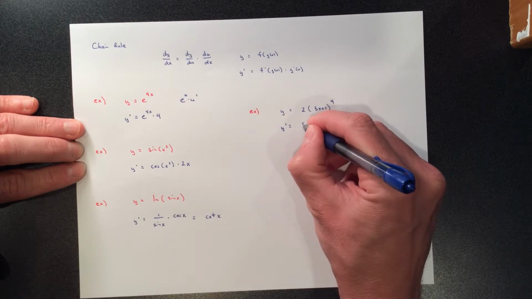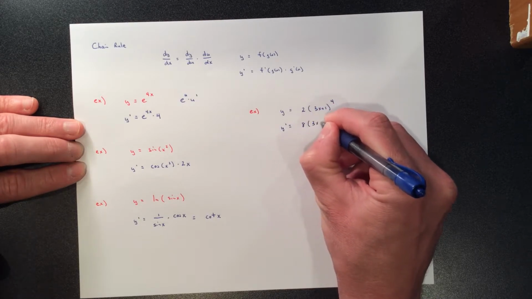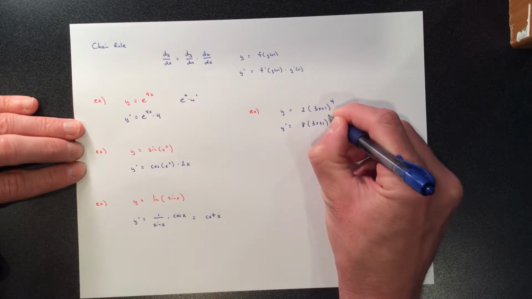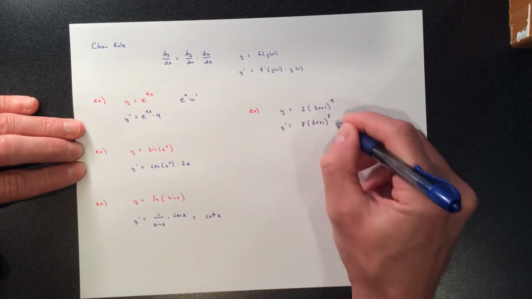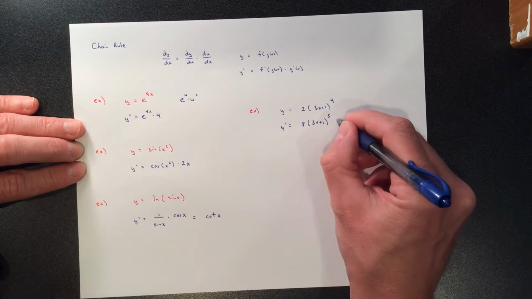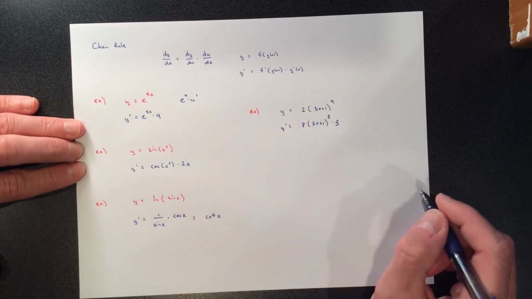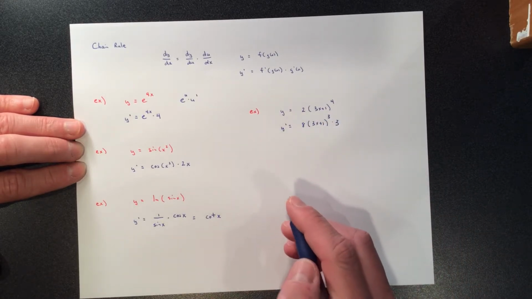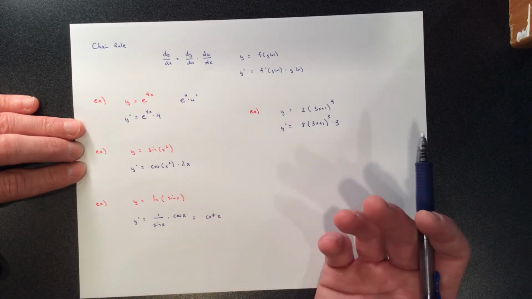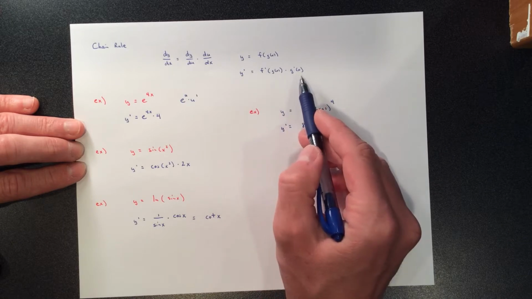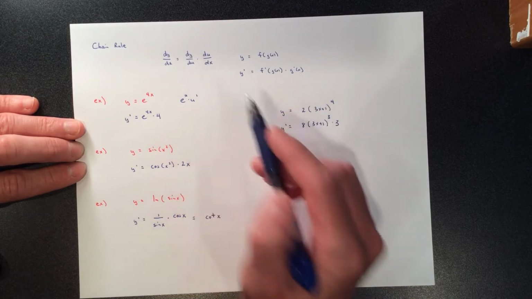Bring the power down, the argument stays the same, decrease the power by 1. That's this piece. And then times the derivative of the inside. The derivative of the inside is 3. All of these hopefully share nice easy things in that we're looking at a big rule and then an inside rule, an outside and then an inside, a big rule and then a small rule.